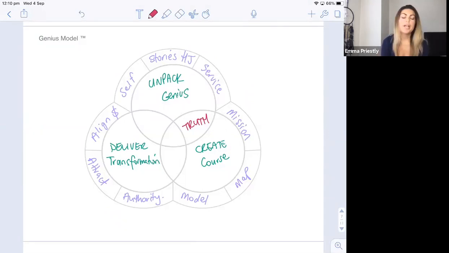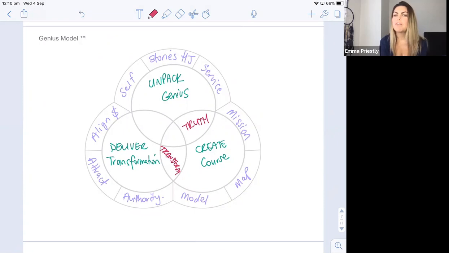If you know how to create your course and deliver transformation, well, then this is the transform piece. You get to transform not only yourself, but other people. You have a course that they can use which transforms them from where they are to where they want to go. And by delivering this transformation, not only are you impacting clients, you're impacting people around you at the same time.